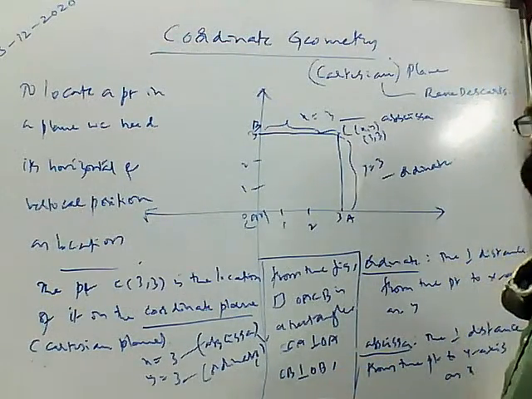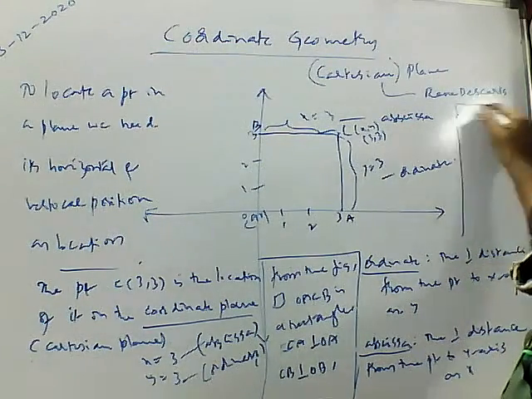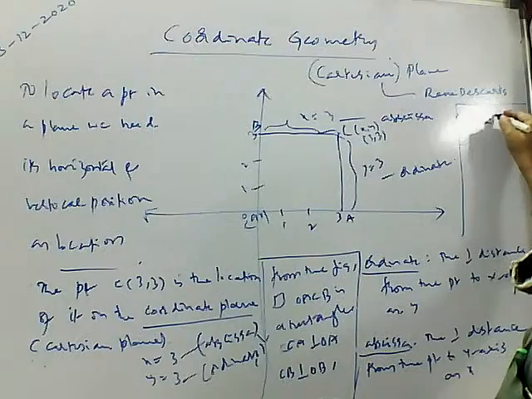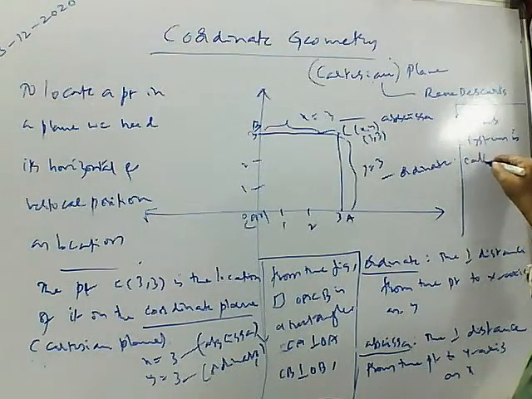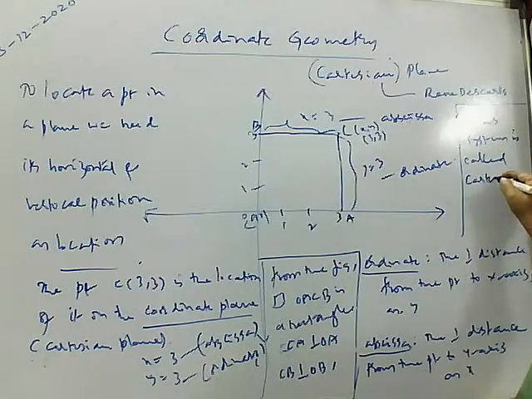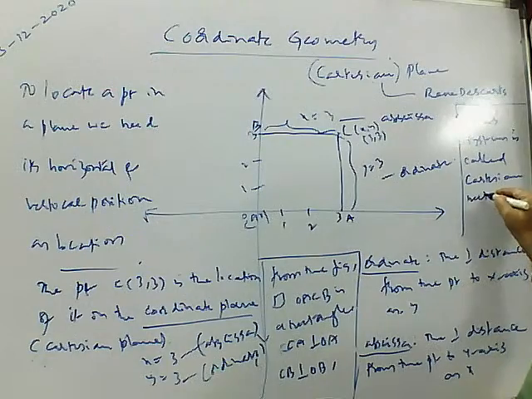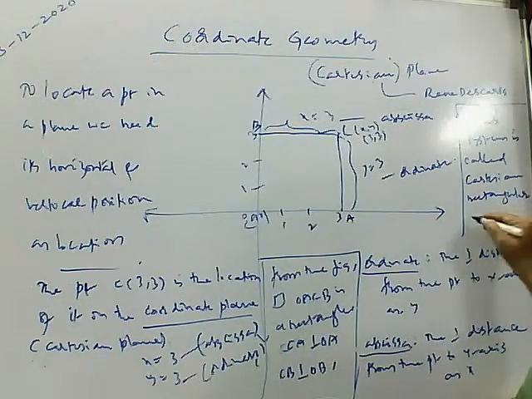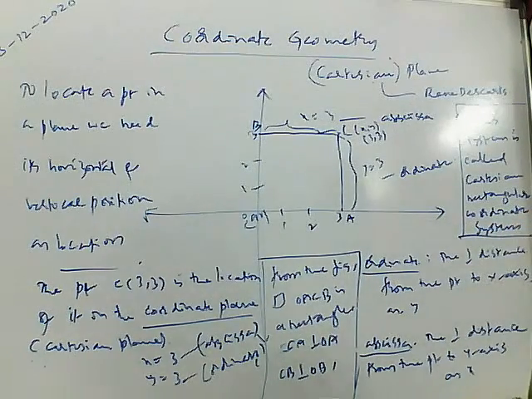So this system is called the Cartesian rectangular coordinate system, because every point will form a rectangle. This is called the Cartesian rectangular coordinate system. Are you clear now?